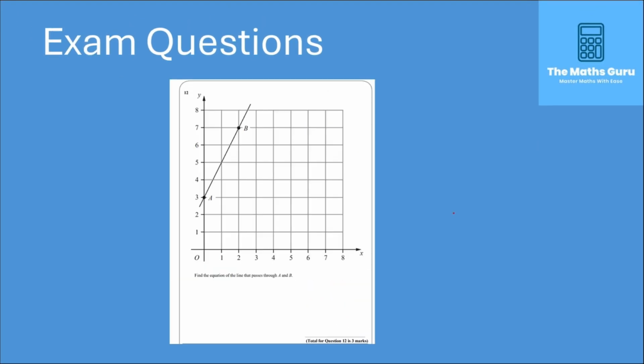Find the equation of the line that passes through points A and B. This is very, very simple. They're just trying to trick you. Point A is 0, 3, and point B is 2, 7.